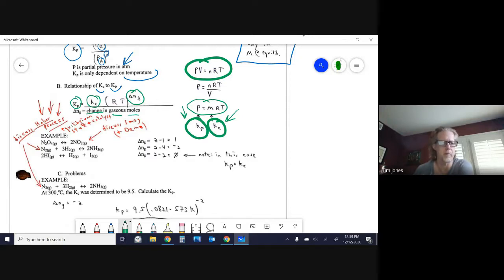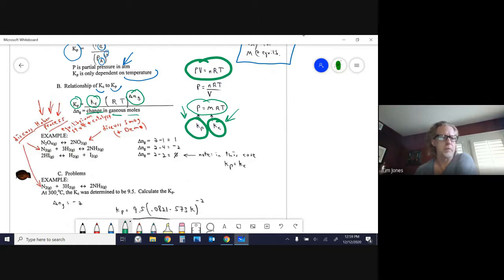And if we have time, I can do this demo regarding smog and dinitrogen tetroxide and nitrogen dioxide. I don't really want to take the time to work on that right now, but we will discuss this more in class with the equilibrium of the Haber reaction. Right now, I want to focus on this delta Ng situation.